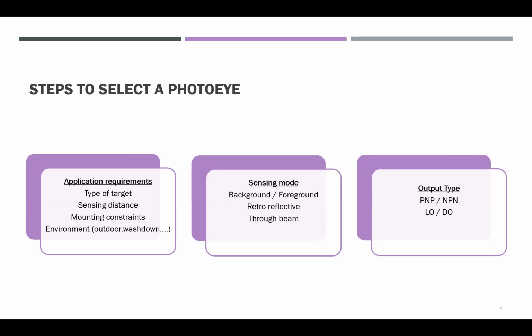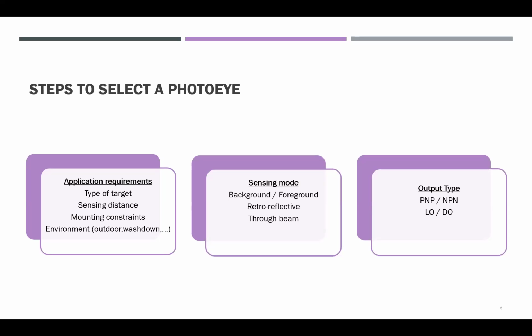We have to see how we can mount the sensor, what the orientation is, and what the space constraints are. For example, in robotics applications that I run into, their high priority is always space, so we go with micro form factor sensors. That's another thing to look for. And last is environment. Is it outdoor, washdown? In that case, we have to go with IP69K. We don't have an option.